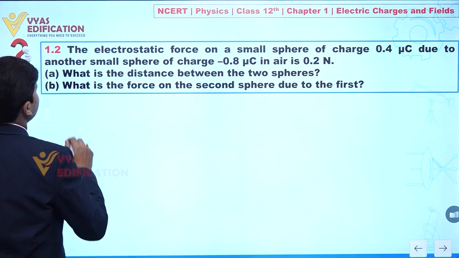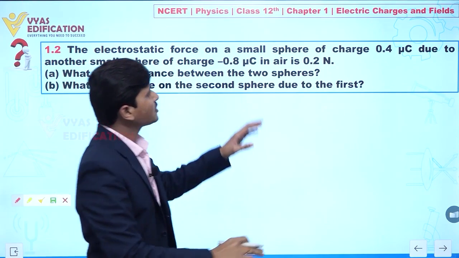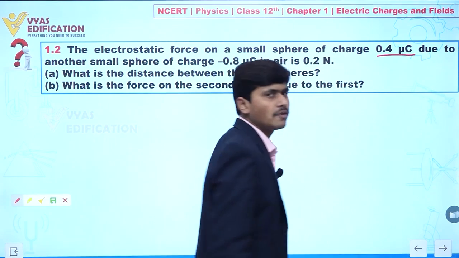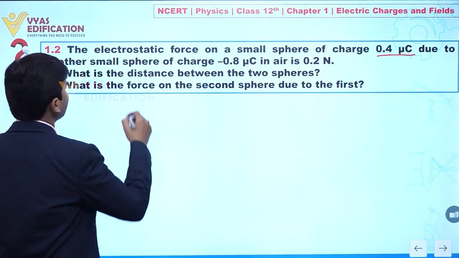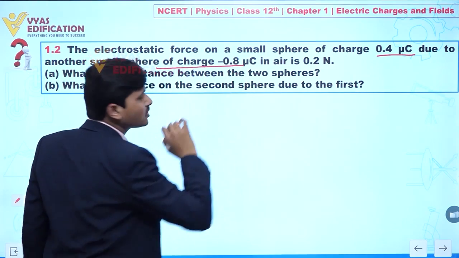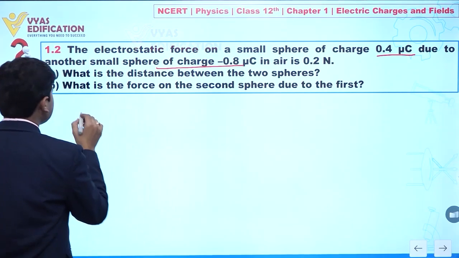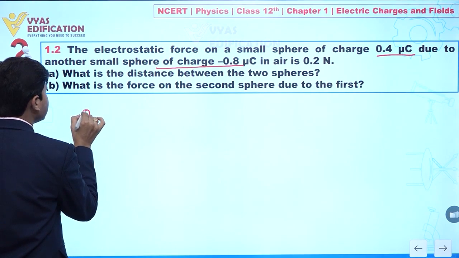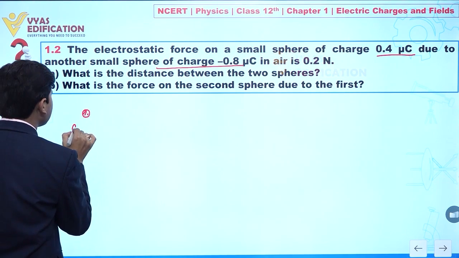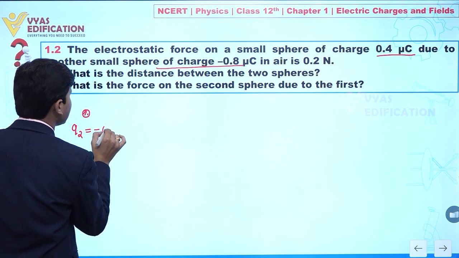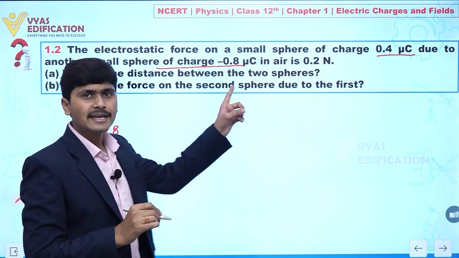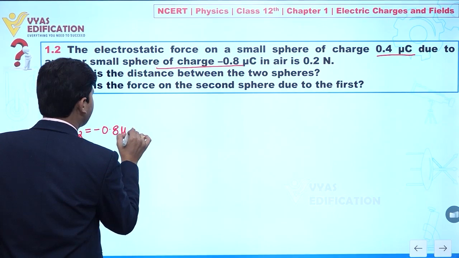Now listen carefully. Electrostatic force on a small sphere of charge 0.4 microcoulomb due to another sphere of charge minus 0.8 microcoulomb. Let's suppose I am taking this point charge as Q2, equal to minus 0.8 microcoulomb. Clear?